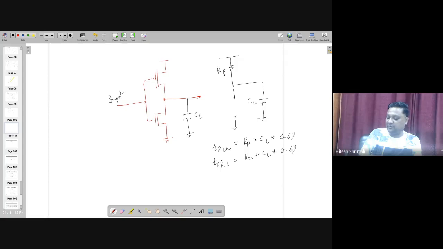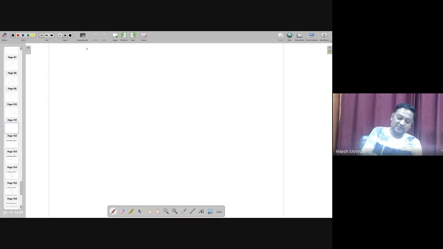But this is not the complete picture which we discussed last time, and even Srinivas asked the question of how much capacitance will be there. So look, the capacitance here right now, we have assumed that it's only CL, but if you assume a high frequency model, where the capacitances will play a role.